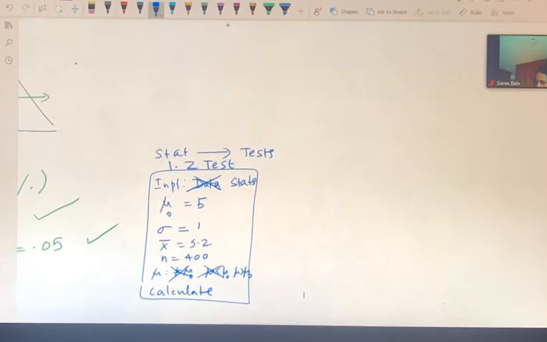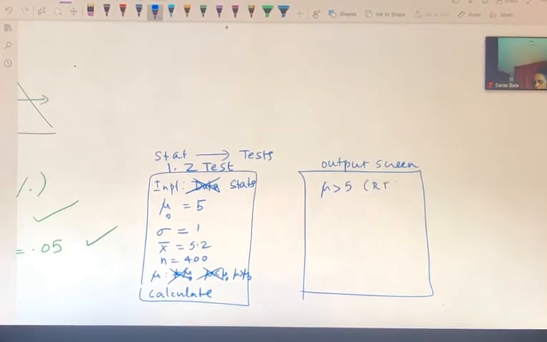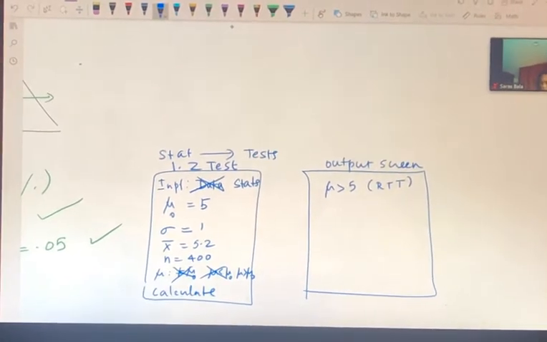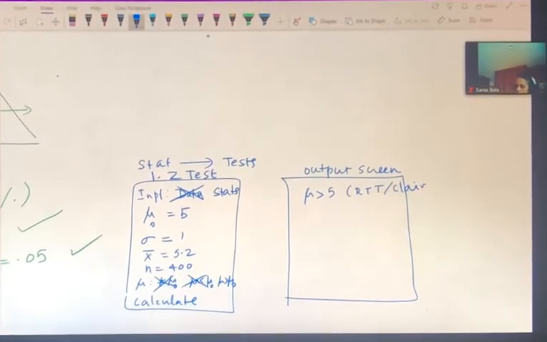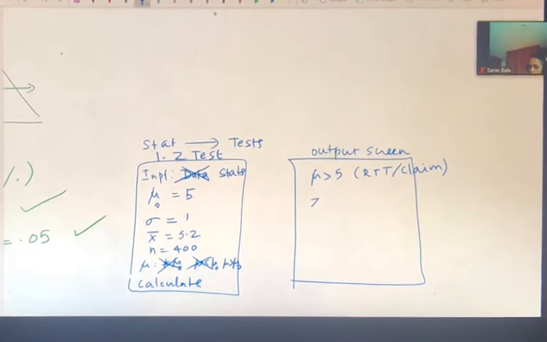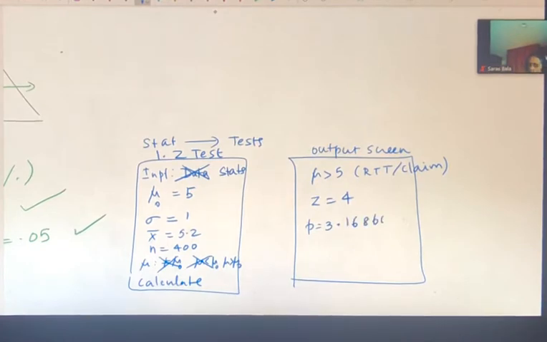So what is the output screen? You can check the output screen. The output screen is giving you mu greater than 5, which is your right tail test, and that is your claim as well, the claim that is appearing here. And then your z-score is 4, that's right. And your p-value is 3.1686035 e to the power of negative 5, or 10 to the power negative 5.